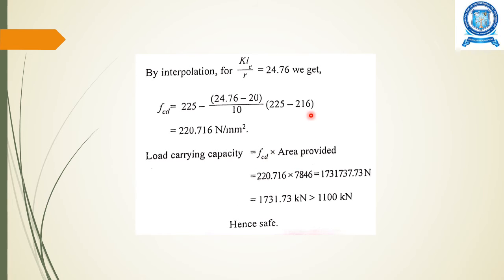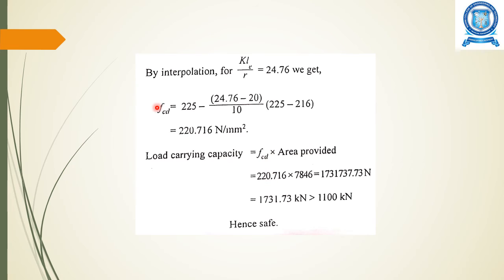This is the interpolation: FCD is equal to 225 minus (24.76 minus 20) divided by 10 into (225 minus 216). Finally we get a value of 220.716 Newton per mm square. Then we find the load carrying capacity, which is FCD into area provided.